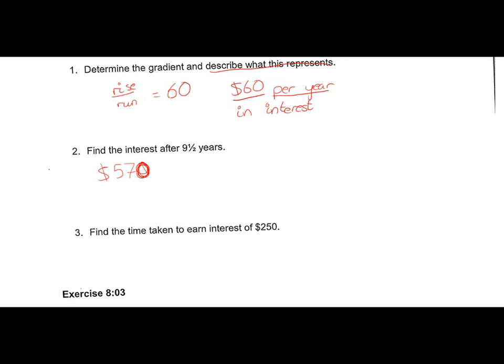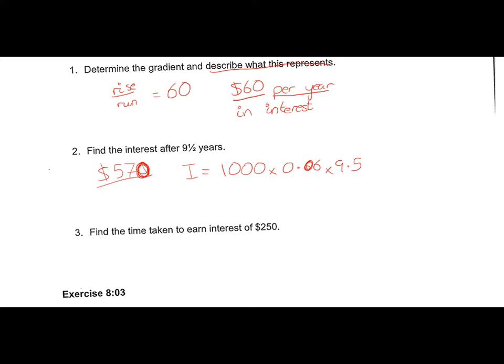You can, of course, use the formula that the interest equals the P times the rate. Sorry, 0.06 times the number of years. That will get you the $570 exactly. Reading off the graph, you should find that it comes to roughly that point.